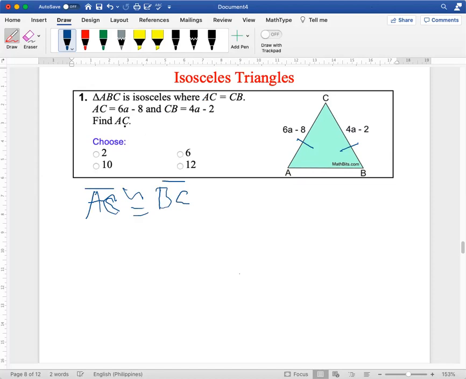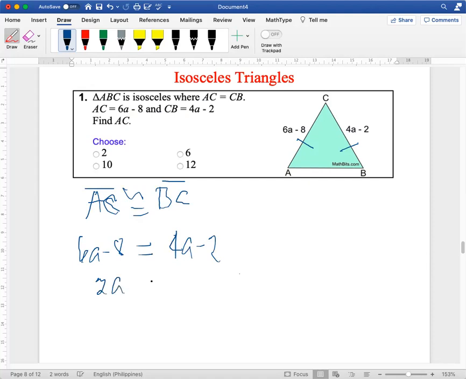And we know that their measures are, for AC, 6A minus 8, is equal to the measure of CB, which is 4A minus 2. And let's solve for A.